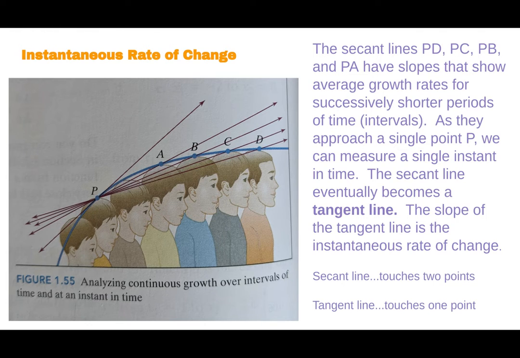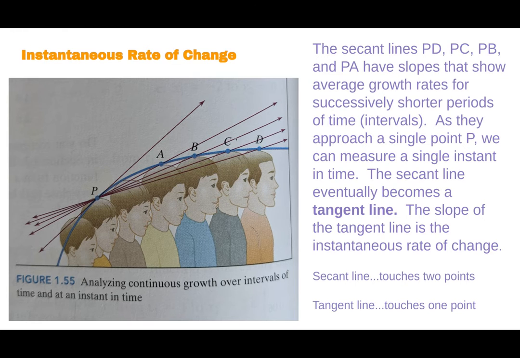And what the instantaneous rate of change does is it tells me how quickly or at what rate the young man was growing at a single moment in time. And so what we do is we use the secant lines that we learned about before. And as you see here in this diagram, we have point P over here, and we have line PD.